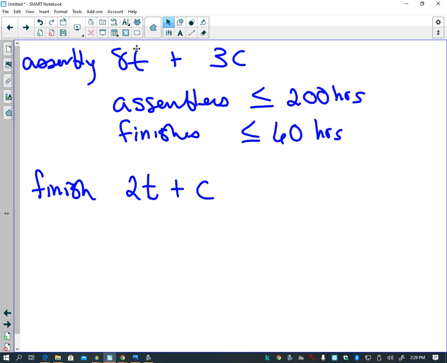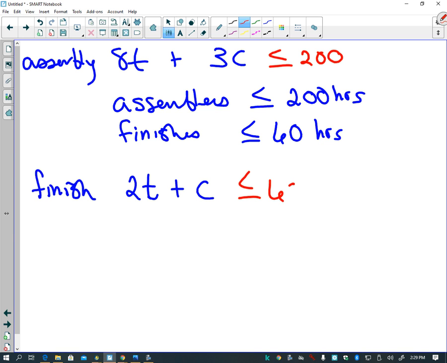Yeah, so you're right. So it looks like 8t plus 3c is going to have to be less than or equal to 200. And this is going to have to be less than or equal to 60.